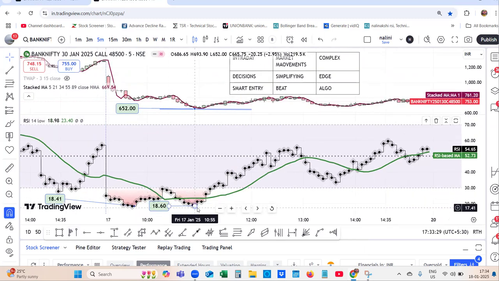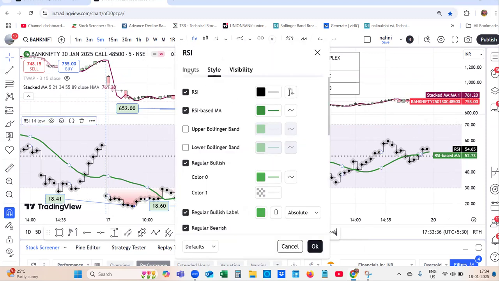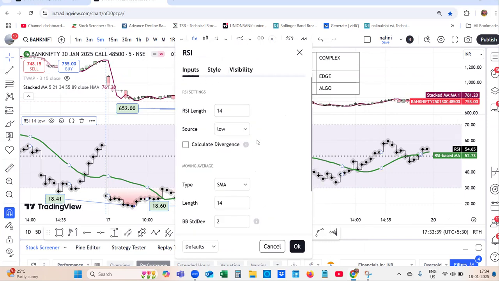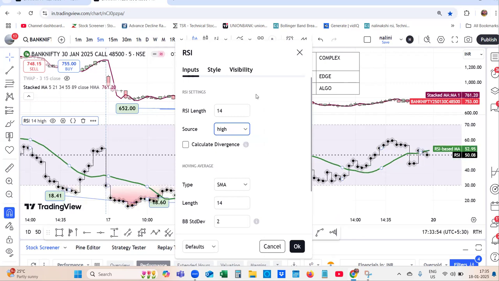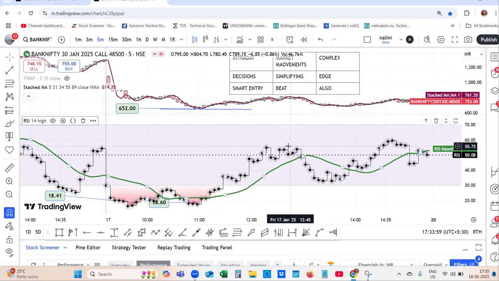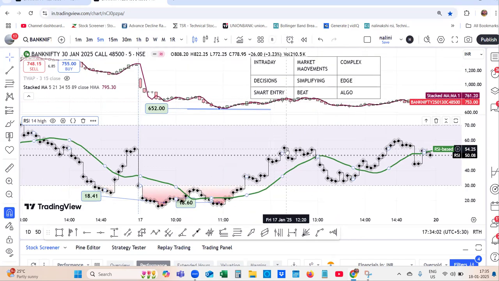Here, when the RSI is in an oversold position, I've tweaked the settings inputs to low. When it starts moving towards the overbought condition, climbs above 60, you can tweak it to high, so immediately you need to do that. Change the setting to high so it will plot the higher readings.